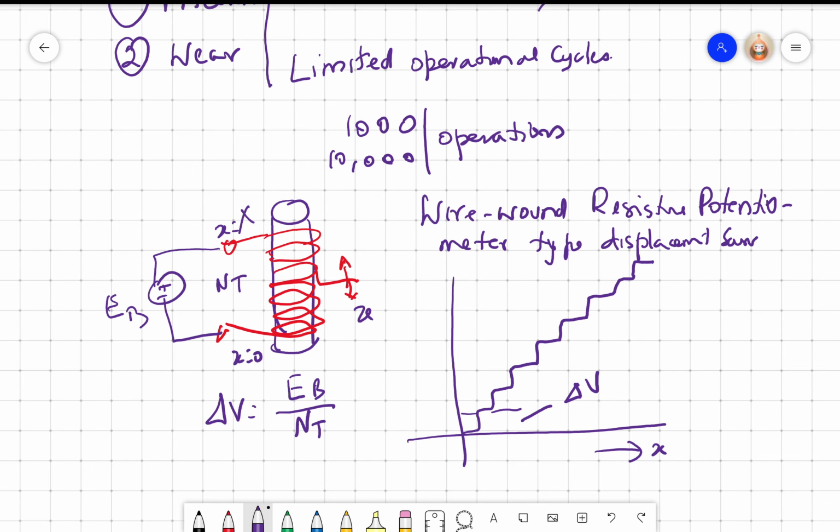For example, if I have 1000 turns and I give 1 volt, then delta V will be 1 volt divided by 1000, that is equal to 1 millivolt, right? Because the wiper can only move from one turn to the next turn. So you get the stepwise output. The resolution, we call it delta V, is equal to EB by NT.